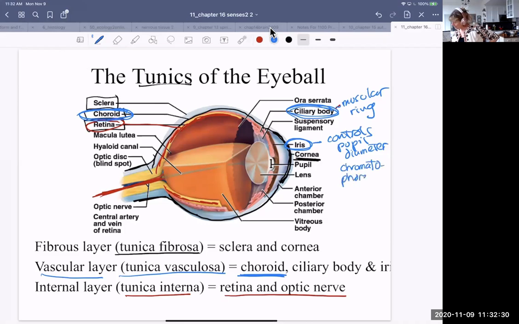Chromatophores. So if there's a lot of melanin, for example, melanin is the pigment of color, the eyes are brown, and the vast majority of eyes in the world are brown.